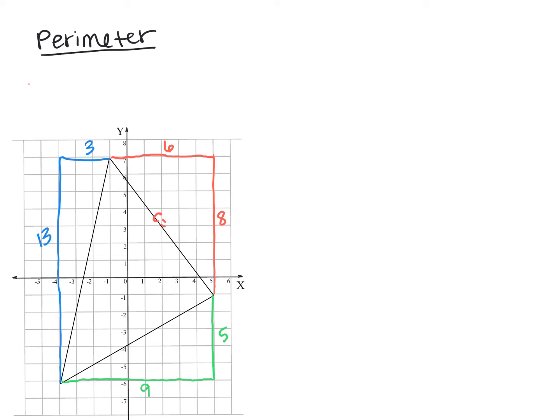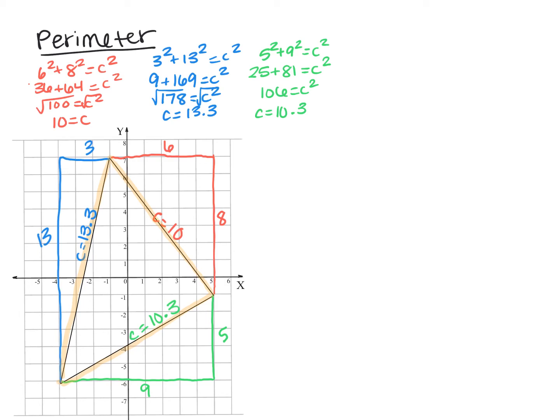So now we've created our 3 right triangles, and we're going to use them to help us find the sides of our original figure, which are these sides right here. And we're going to use the Pythagorean theorem to find each of those sides.